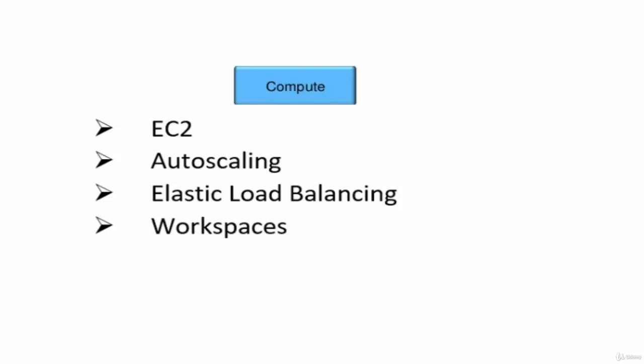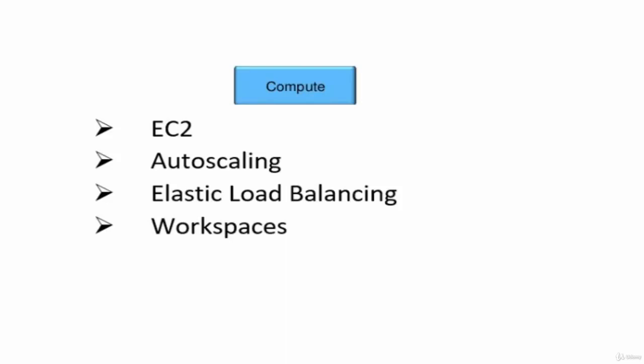Now coming to elastic load balancing. Elastic load balancing automatically distributes incoming application traffic across multiple Amazon EC2 instances. It enables you to achieve fault tolerance in your applications, seamlessly providing the required amount of load balancing capacity needed to route application traffic.